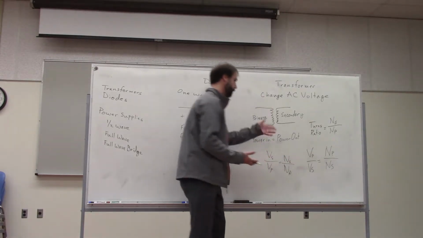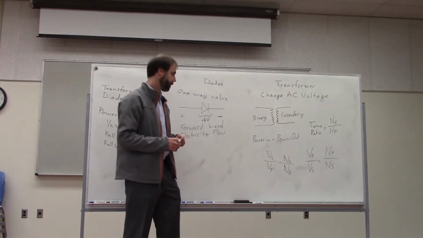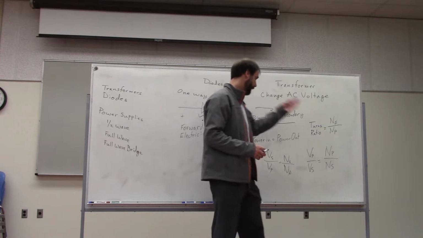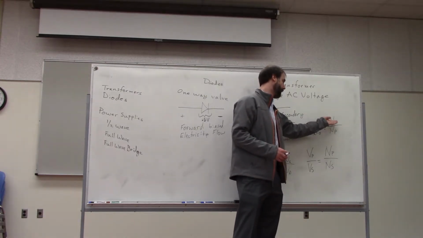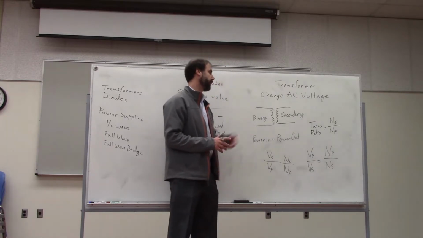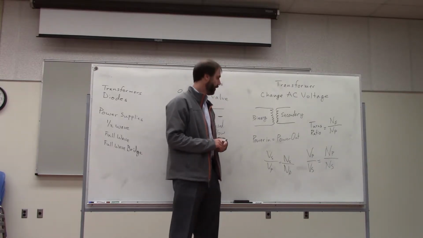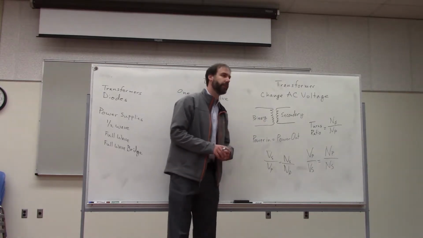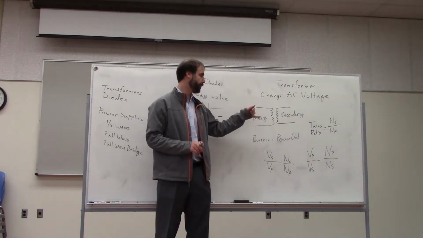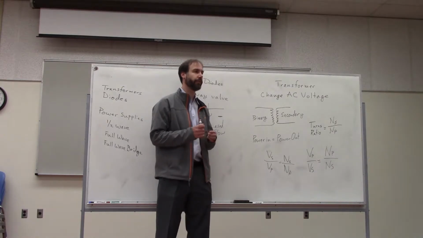It works both ways. I kind of like it like this because you can multiply that by the input voltage and you get the output voltage. But either way is okay. It's really the ratio that is important.